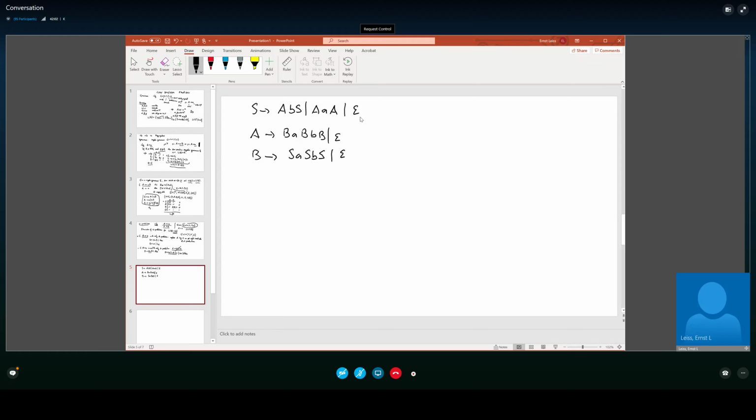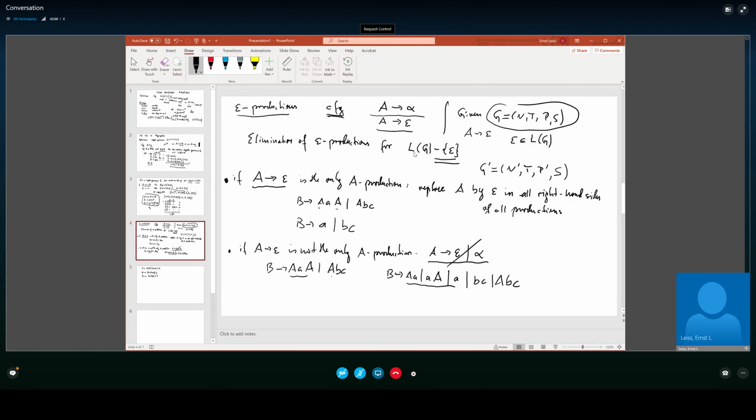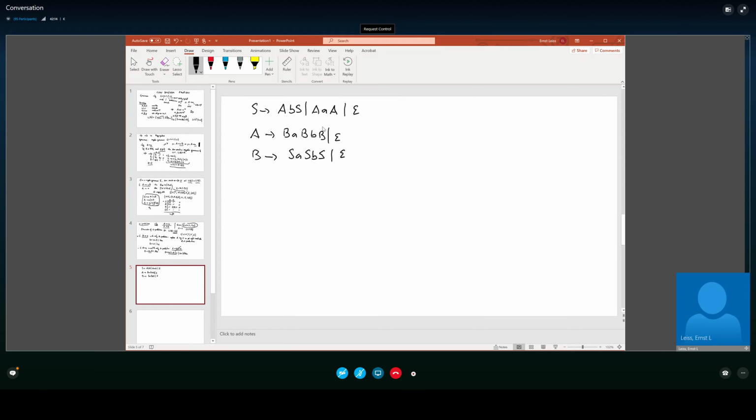So when we now construct a new grammar, then that new grammar will be only for the language L of G minus epsilon, because clearly that epsilon can't be generated if we eliminate all epsilon productions. So we have to go systematically through that.